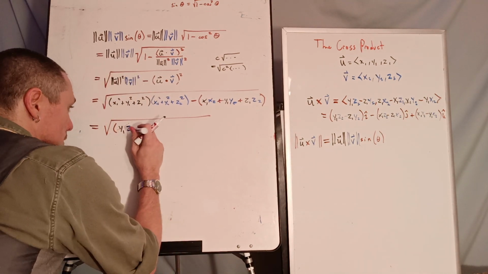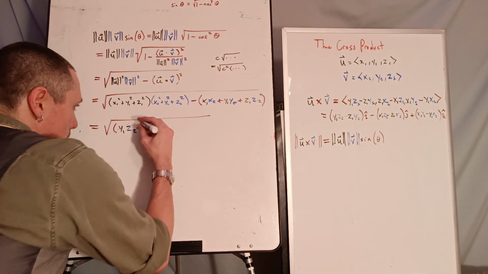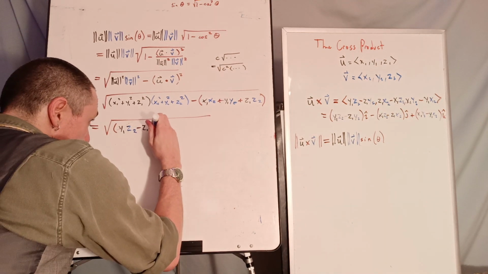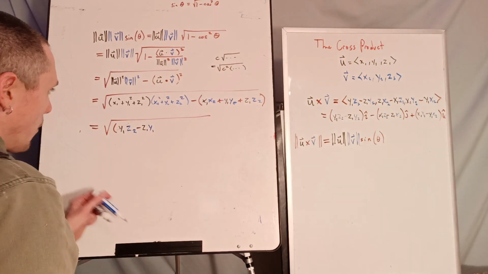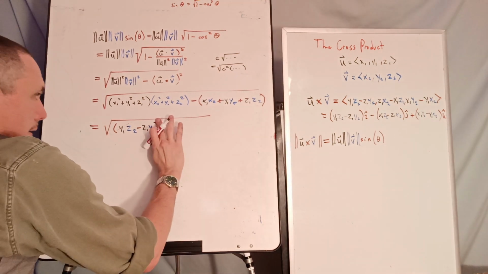Oh, sorry, z2. And that will be then z1 y2 minus y1 z2, but it won't just be that, because this is why you're going to have to factor these things. It'll be squared.